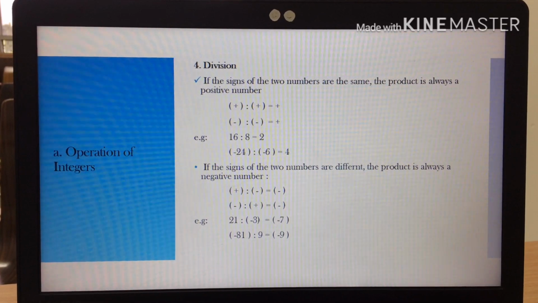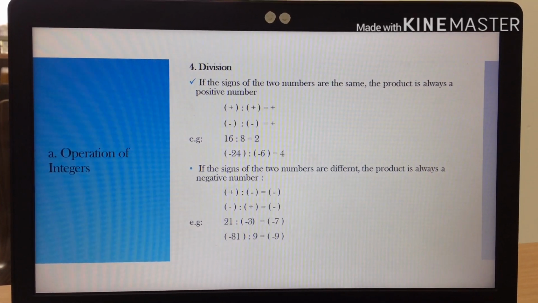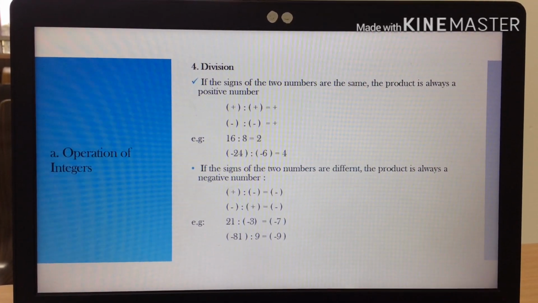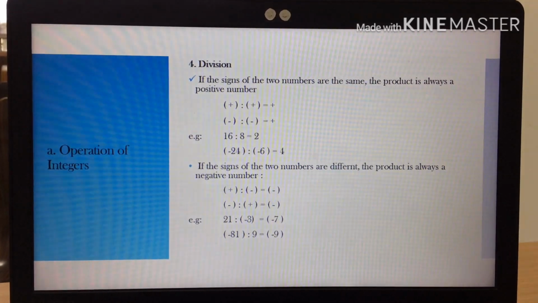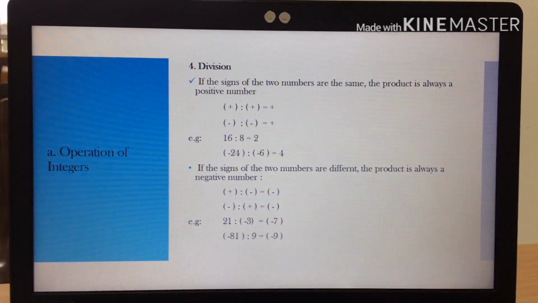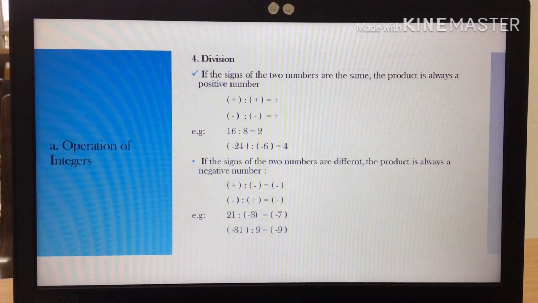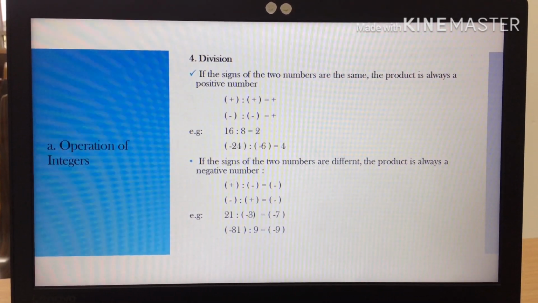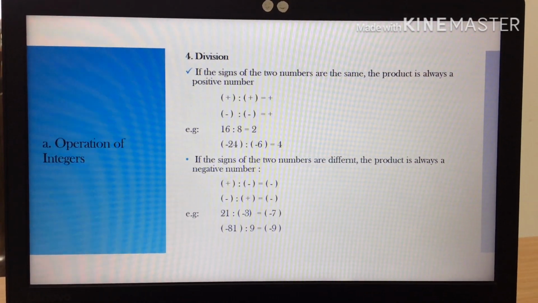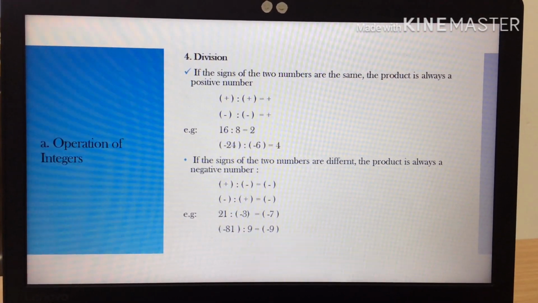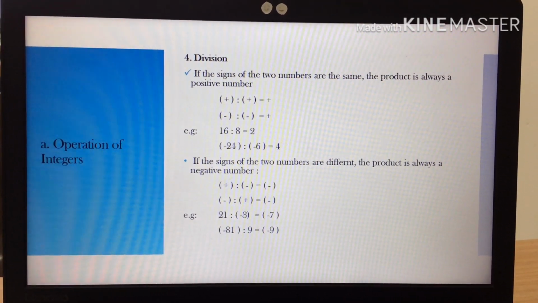And the fourth operation of integers is division. If the sign of the two numbers are the same, the product is always a positive number. The formula are positive divided by positive equal positive.